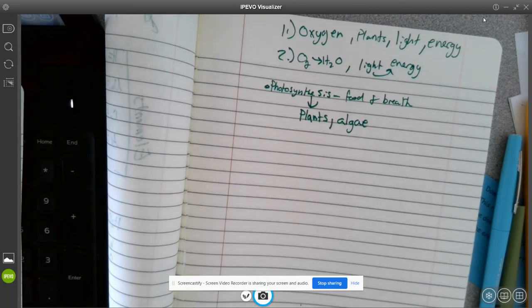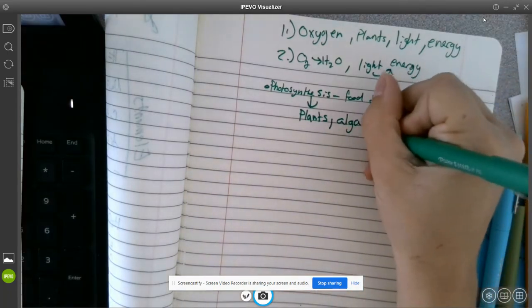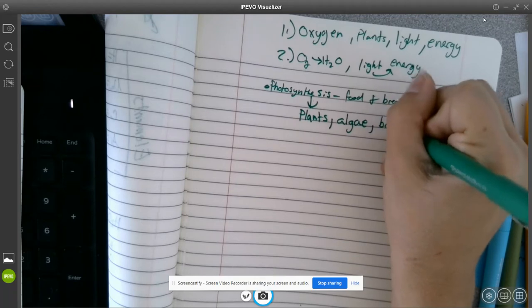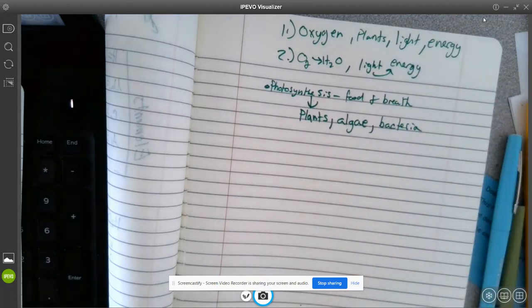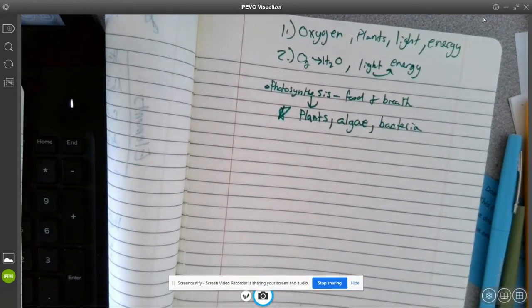Even seaweed is an underwater type plant. So we kind of classify them differently than plants. And we also see bacteria using photosynthesis as well. So these are our top 3 contenders for our process of photosynthesis.